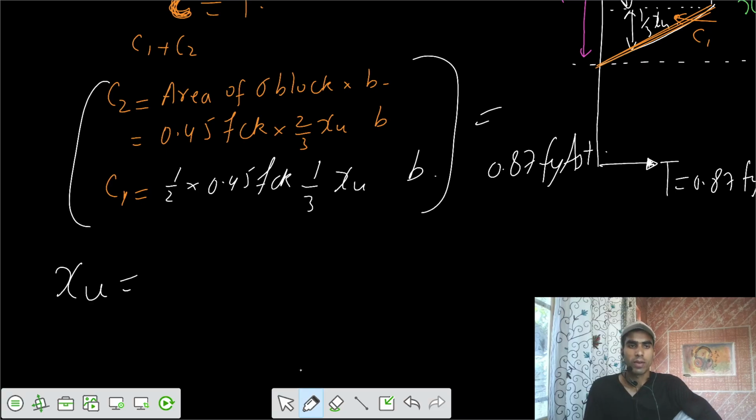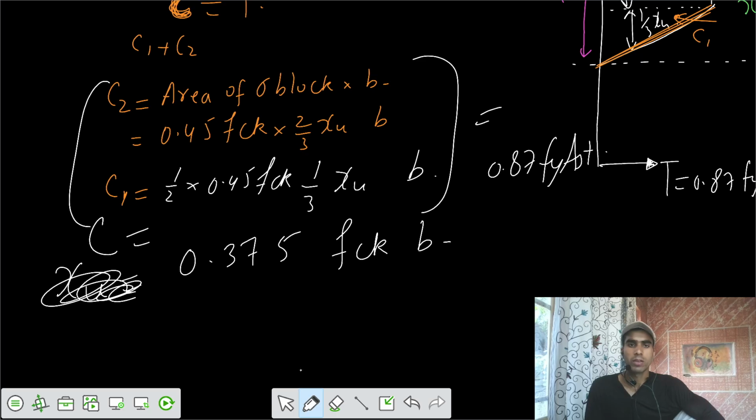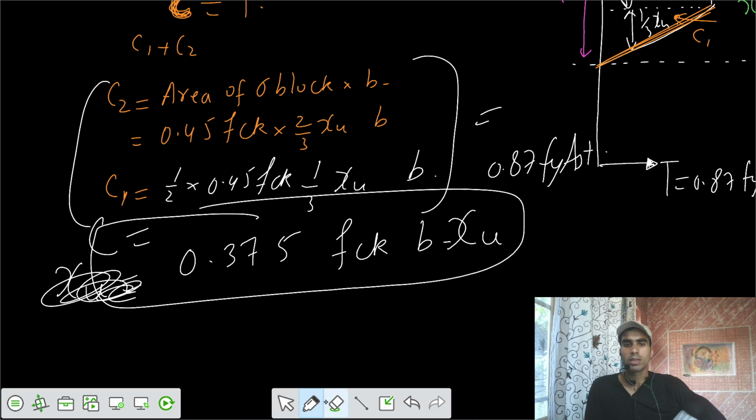So the total C force is equal to 0.375 FCK B XU. What is the difference with respect to the result during the derivation?